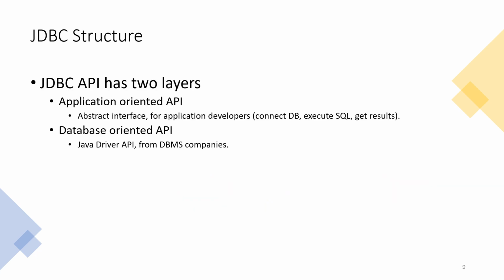So we have seen that the JDBC has two directions or two connections. One is the Java application, the other is the database. So the JDBC has two layers: one to face the Java application, the other to face the database.